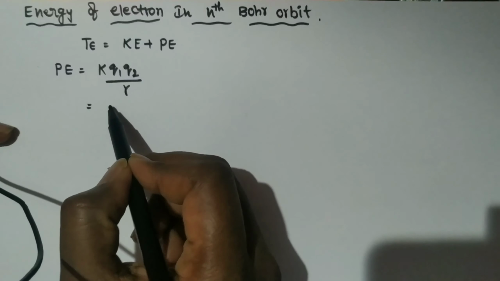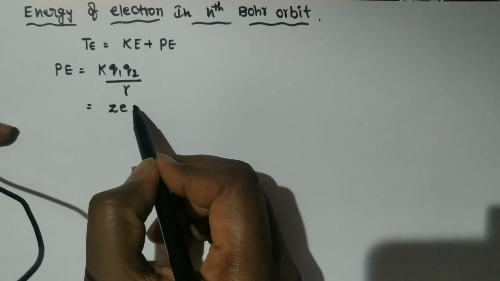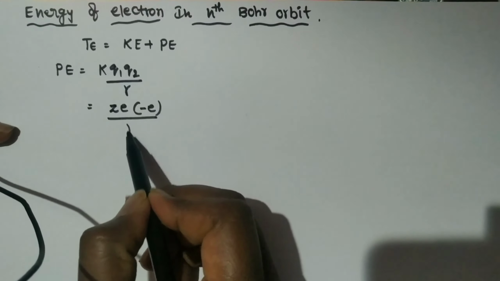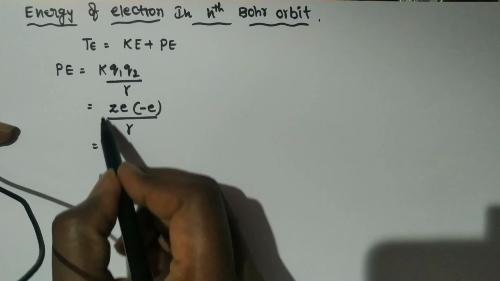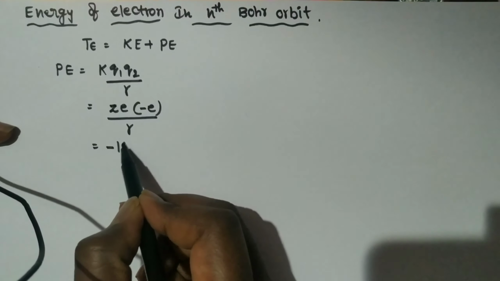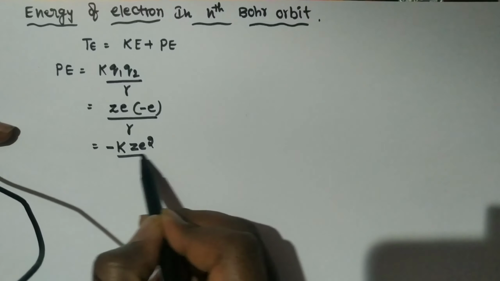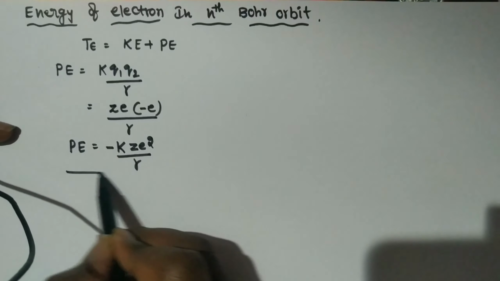So nucleus charge is Ze, electron charge is minus e, divided by r. So we can write minus K Ze square upon r. So this is the potential energy.